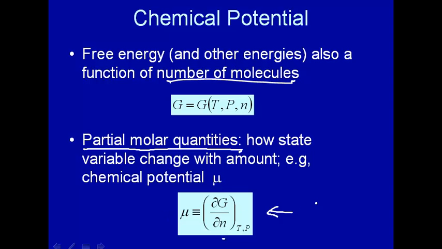So that's mu. For example, a partial molar volume will be how the volume changes with number of moles at constant temperature and all those other things. All right, so partial molar quantities.